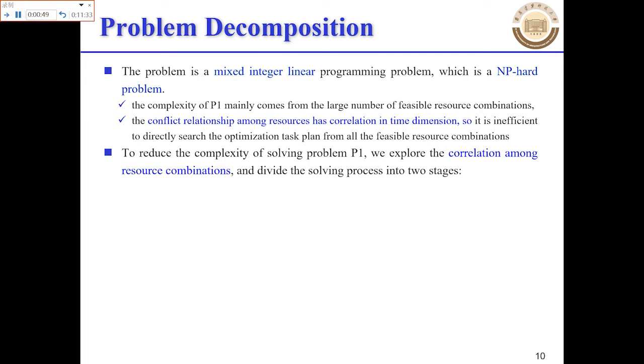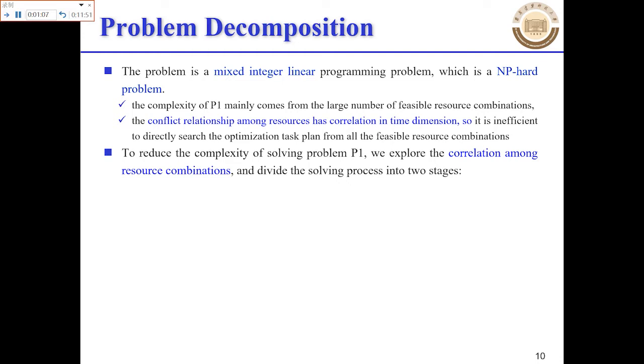To reduce the complexity of solving problem P1, we explore the correlation among resource combinations and divide the solving process into two stages.